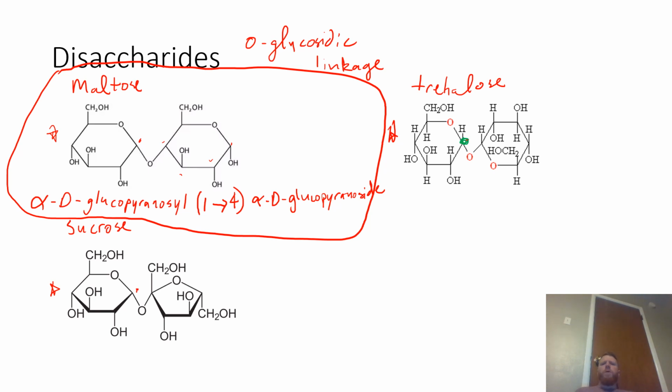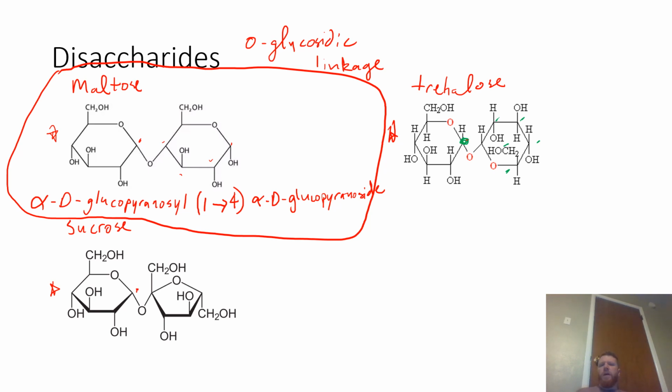Now, this is a different representation than we've looked at for other sugars, because our oxygen within the ring is below. I don't want you to stress too much about this structure, but I want you to recognize we have carbon number 1, 2, 3, 4, 5, and 6.